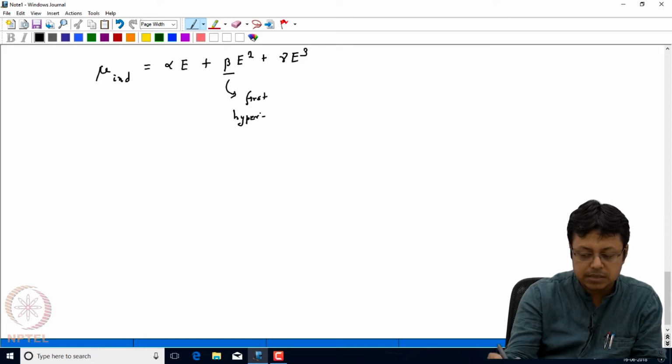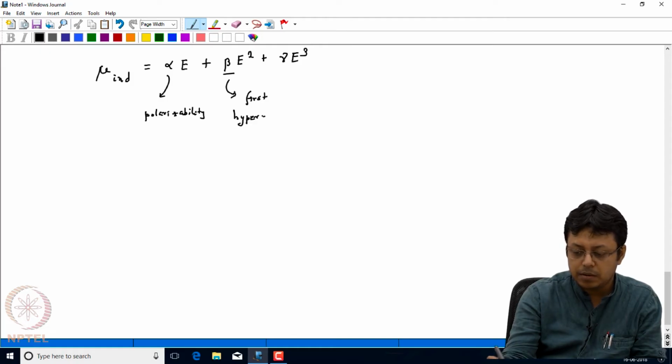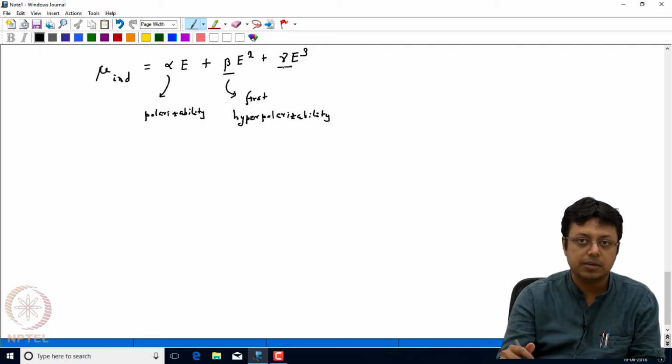The name is basically self-explanatory, because alpha was the polarizability. So, beta is the first hyperpolarizability, and similarly gamma will be termed as the second hyperpolarizability, and so on.